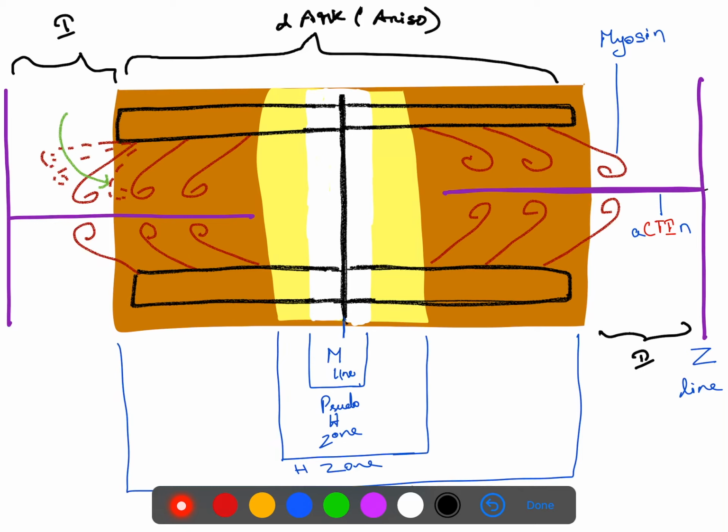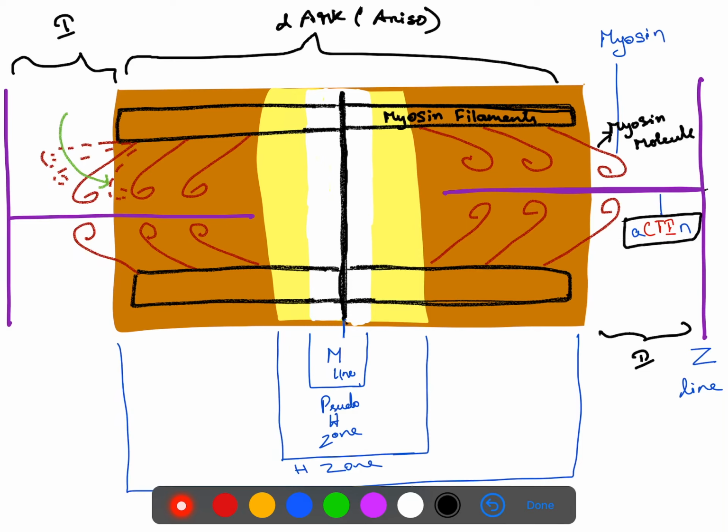Good. Then what is this? This is the M line, as you have seen. These are the myosin filaments, and this is a myosin molecule, and this is the actin filament.